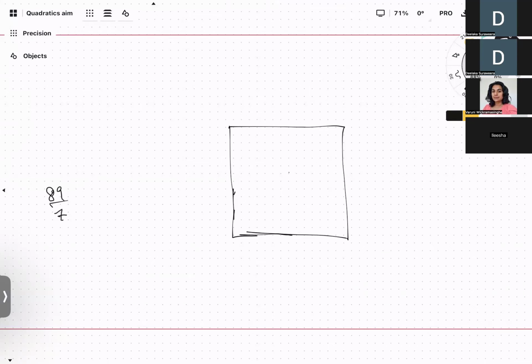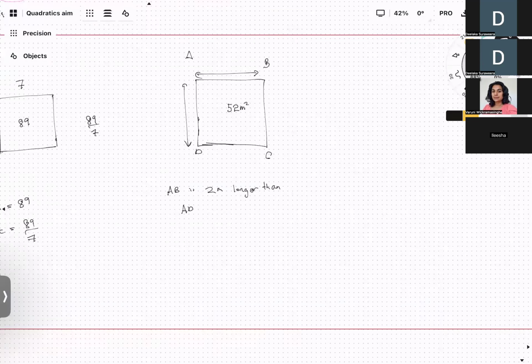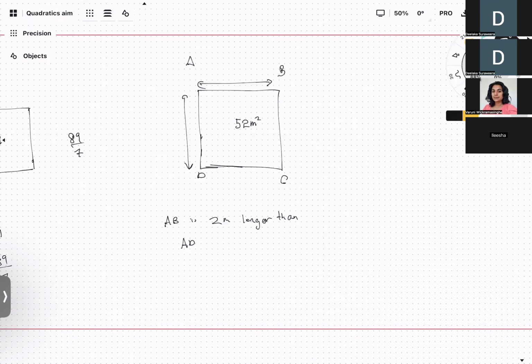Let's say we know the area is 52, and we don't know either side. What we do know is AB is 2 meters longer than AD.